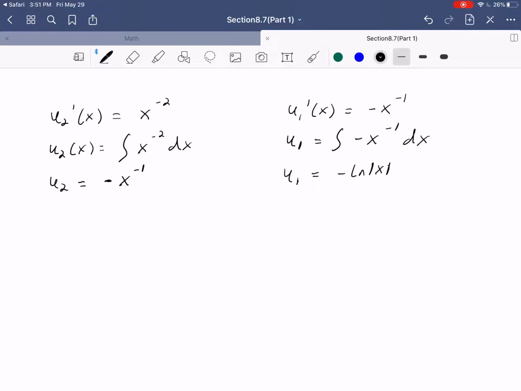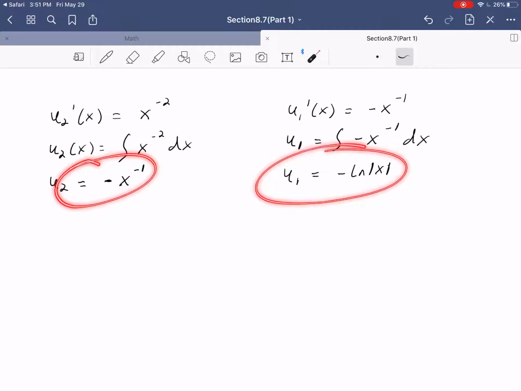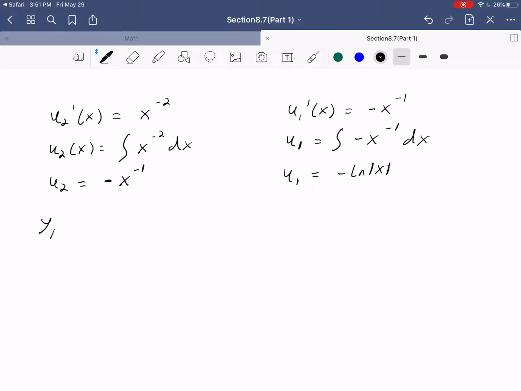So, is that our particular solution? Again, not quite. That tells us that y sub p is supposed to be, we usually write it this way, u1 y1 plus u2 y2. So, this tells us that this is supposed to be negative ln absolute value x times the y1.